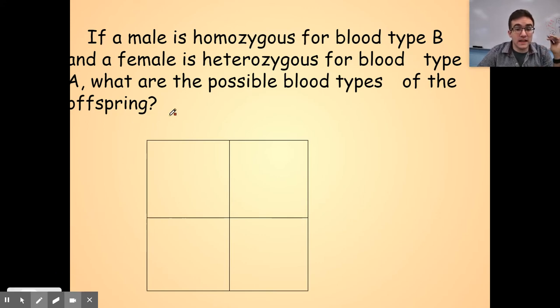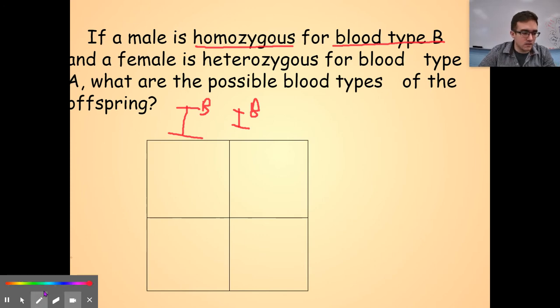Again, the male is homozygous for blood type B. When we write these, we use the I system. So if he's homozygous for blood type B, that means they share the same allele, so it's going to be IB and IB. That's the male.